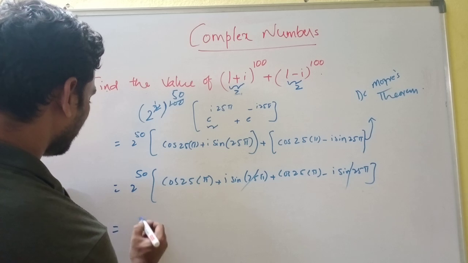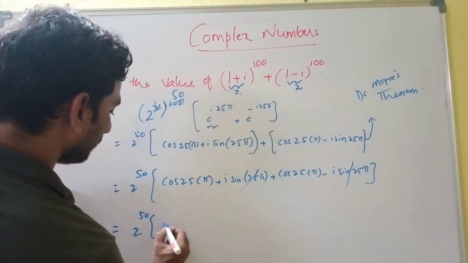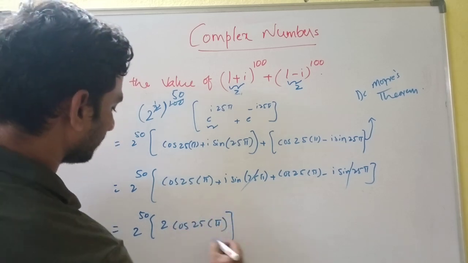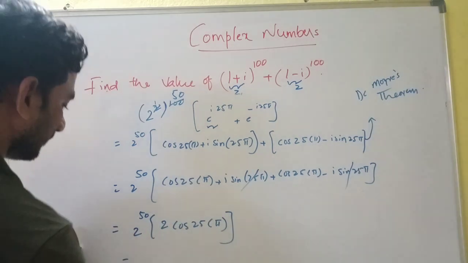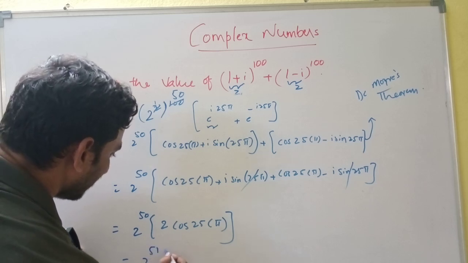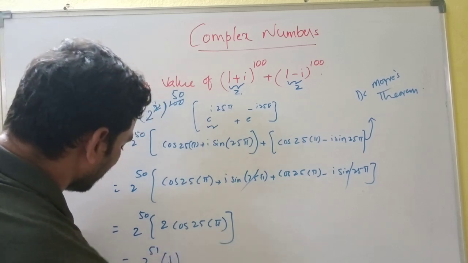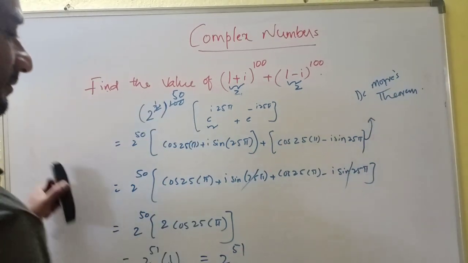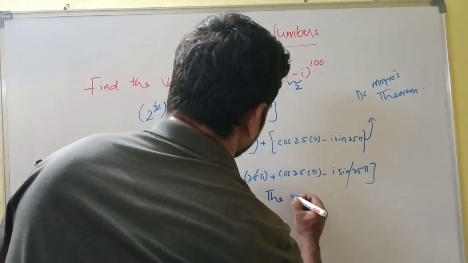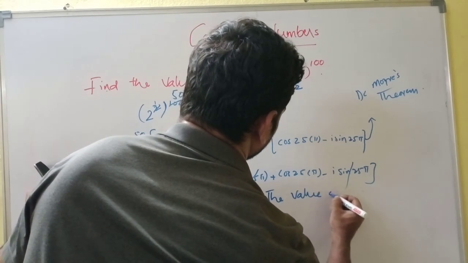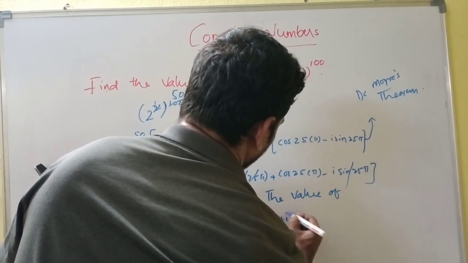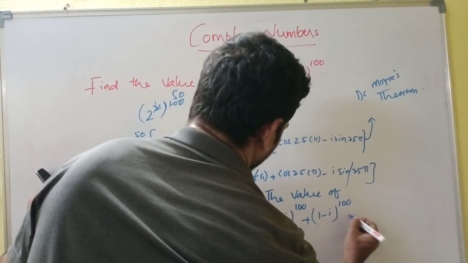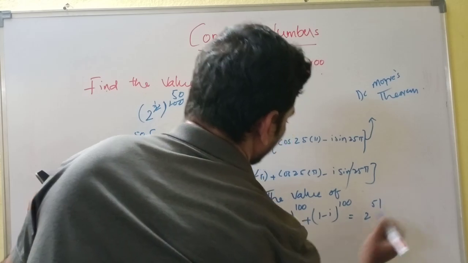What will we get? 2 power 50 into 2 cos 25 pi. So 2 power 50 into 2 is 2 power 51, and this cos 25 pi value is minus 1. So the result will be 2 power 51. So the value of 1 plus i power 100 plus 1 minus i power 100 equals 2 power 51.